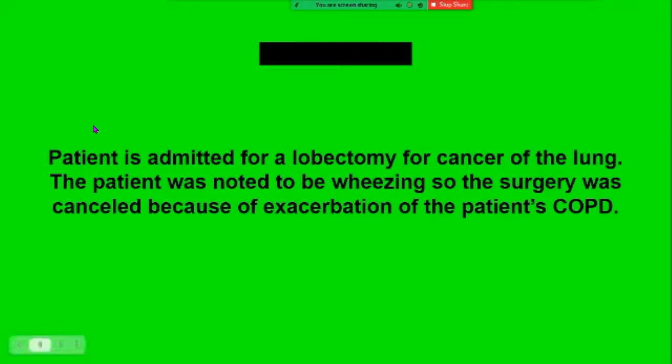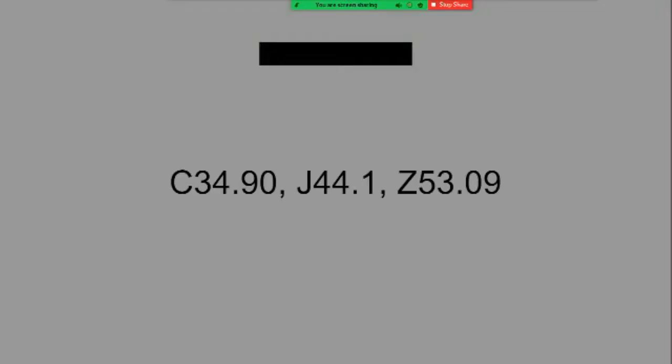They canceled it. So your answers for this scenario are C34.90 and J44.1 and Z53.09. Cancer, COPD, cancellation of the surgery.